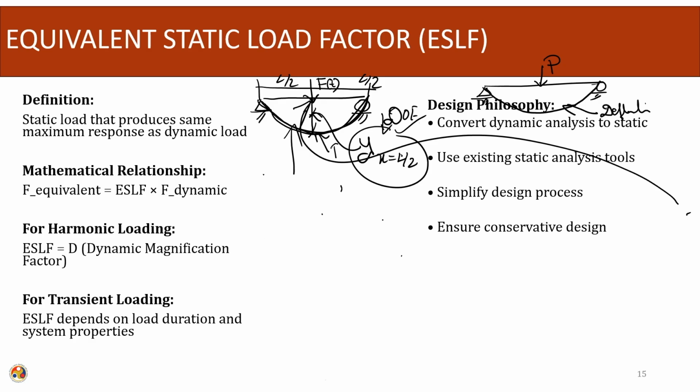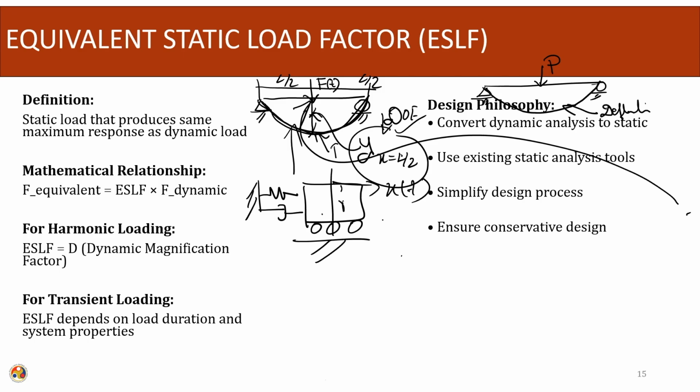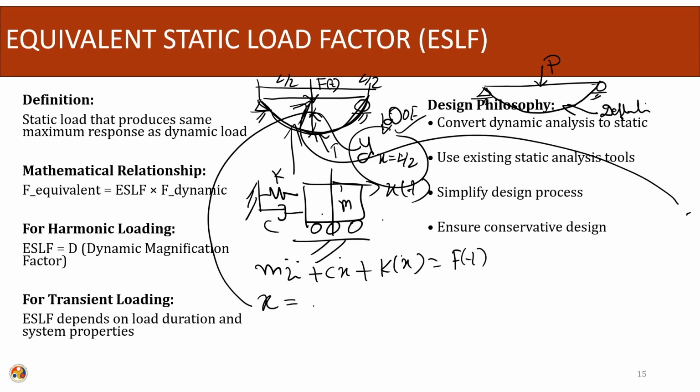From my equivalent single degree of freedom system, we wrote down the equation of motion, and from it the total solution, which corresponds to the deflection at the center. So, x equals x particular plus x complementary, or x steady state plus x transient.